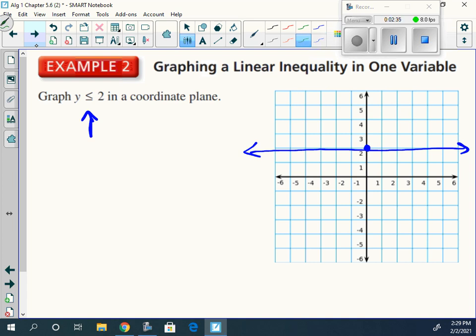Now what we can do next is check a point. I am always going to pick the origin, as long as the origin is not a point on the line, because the x and y values at the origin are what?